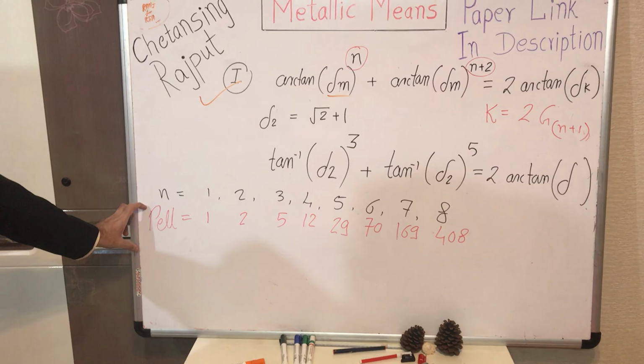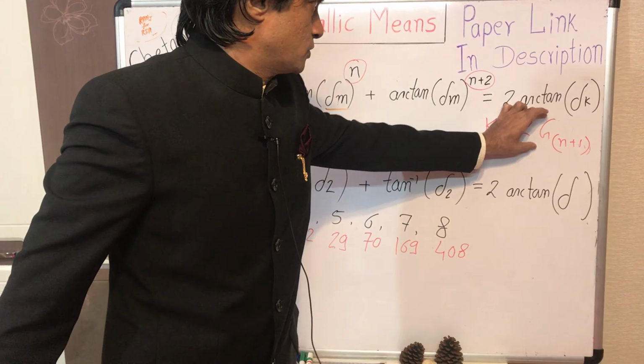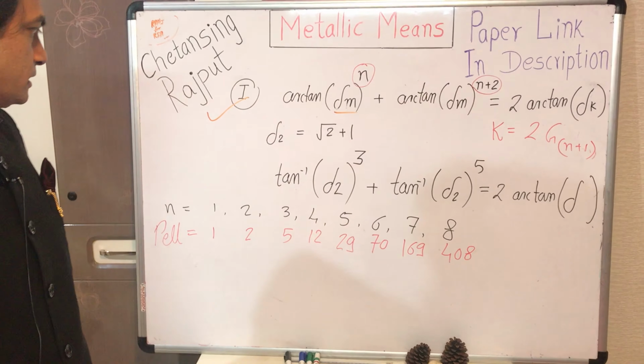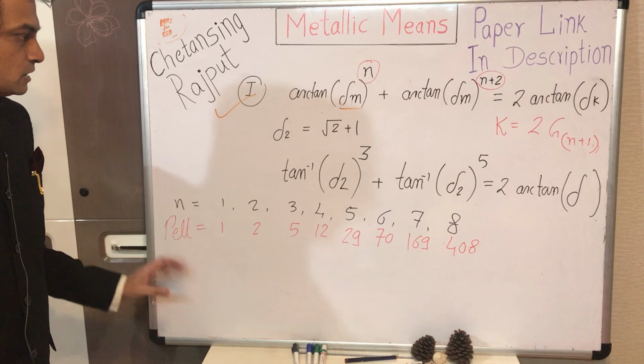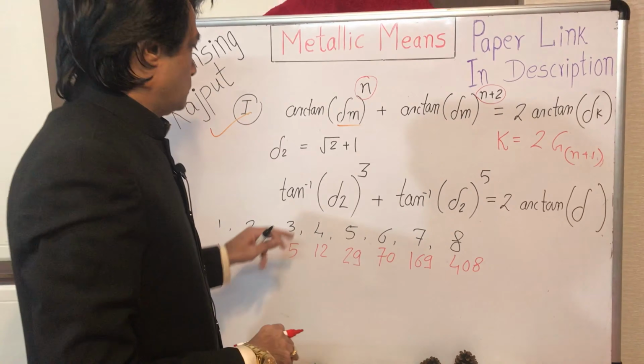The Pell number sequence is the generalized integer sequence associated with that metallic ratio, here the silver ratio.